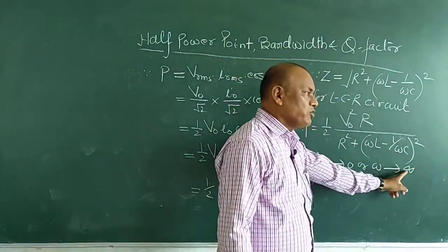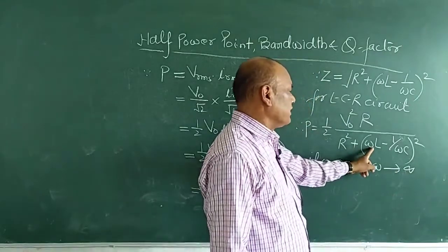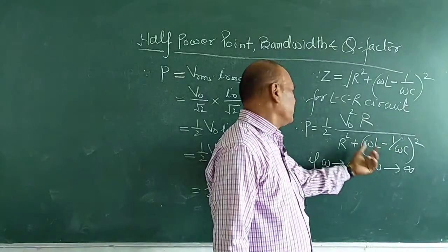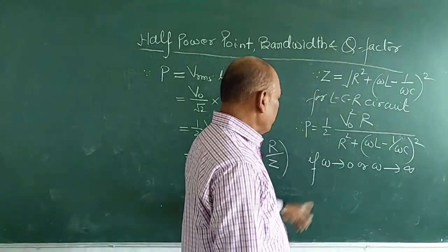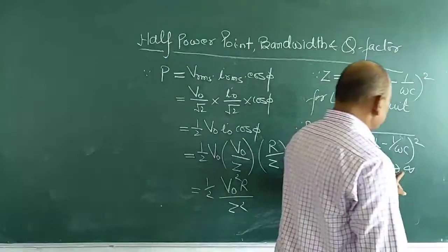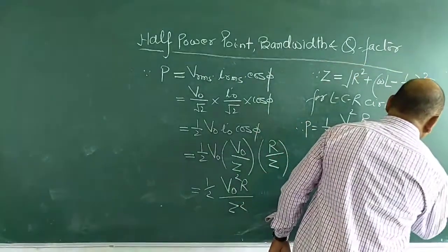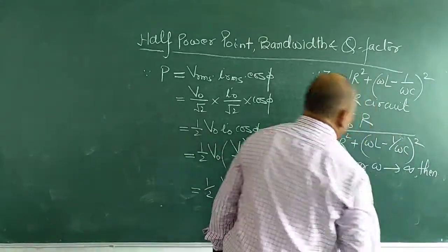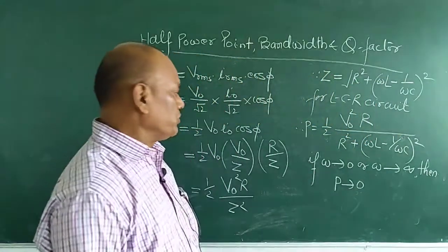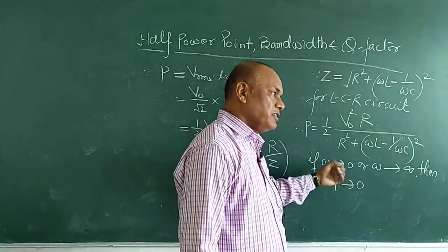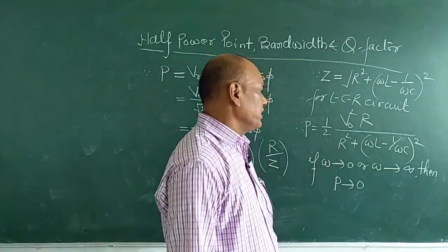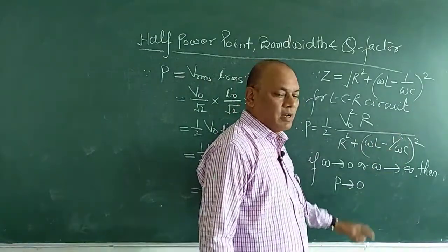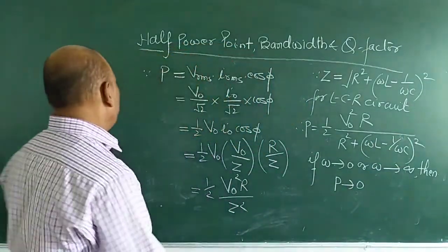If omega tends to infinity, then this will be infinity, so again P becomes 0. So this means at zero frequency, at lower frequency or at higher frequency there will be no power dissipation.